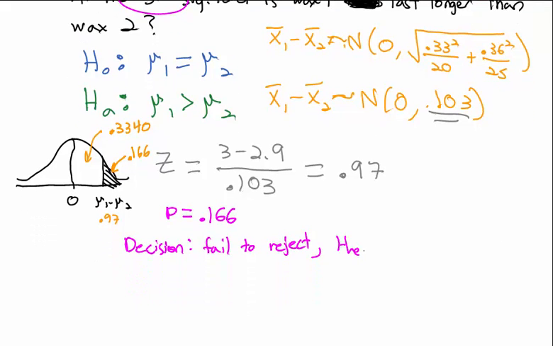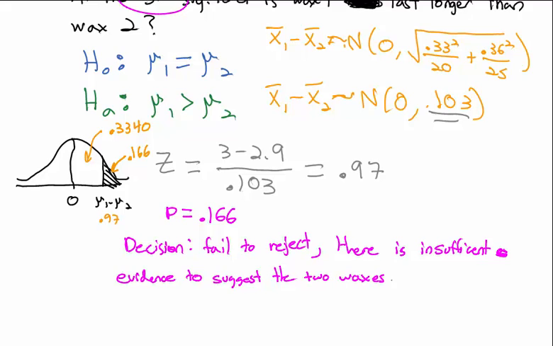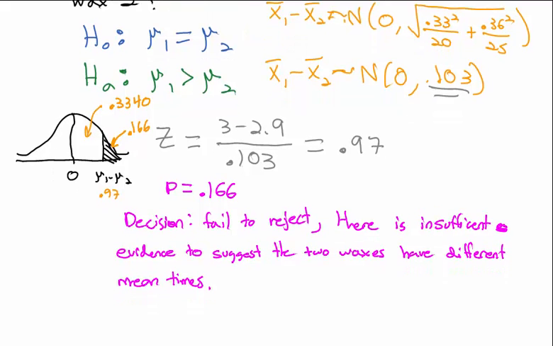In other words, there is insufficient evidence to suggest the two waxes have different mean times. So we fail to reject our hypothesis. Seems to suggest that there's no difference in mean time.